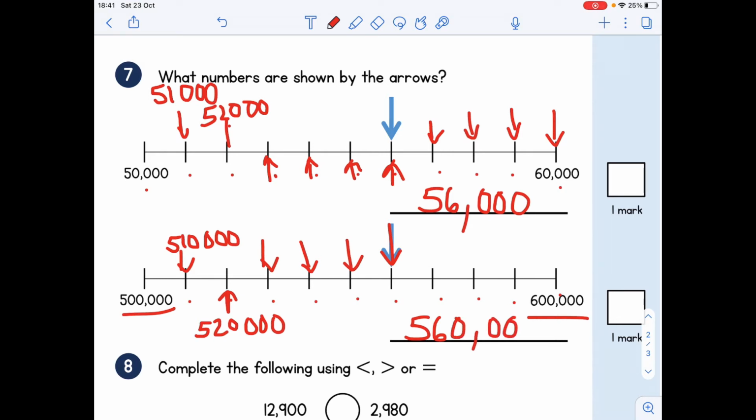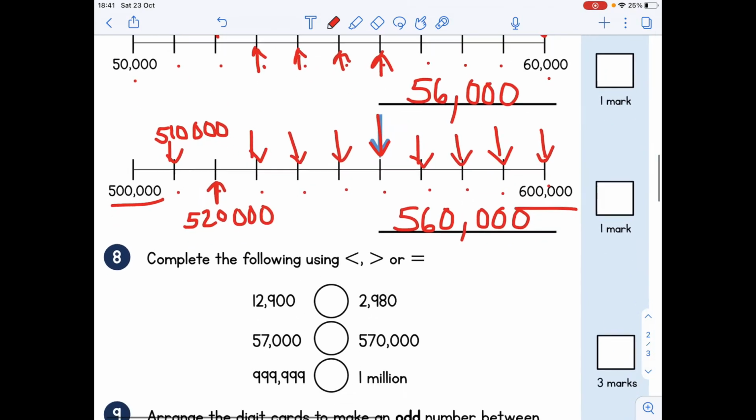Oops, sorry. 570,000, 580,000, 590,000, and then finally 600,000, each time adding 10,000 more on.